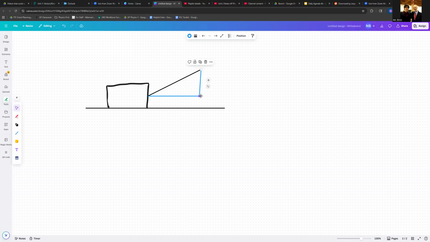I'm going to have to move this out a little bit. Let's see if I can get it to go. Come on now. I just want you to go straight up and down. I don't know why it's struggling so much to do so.